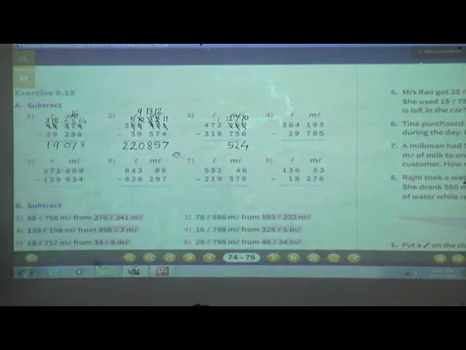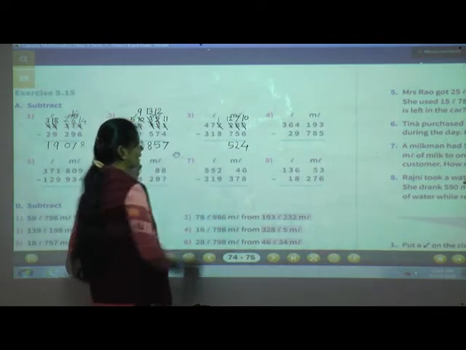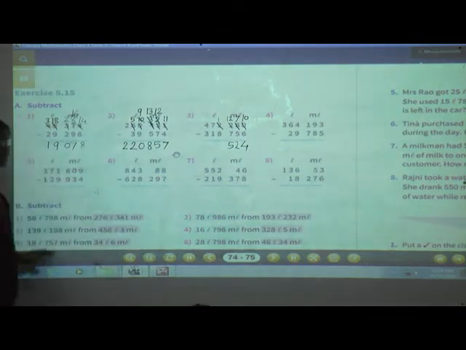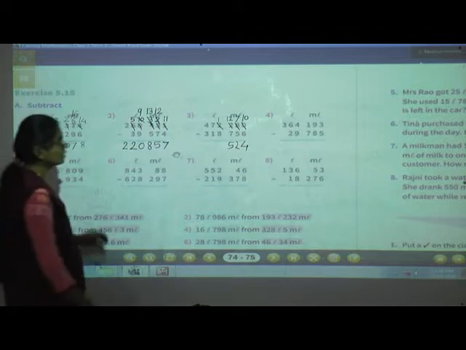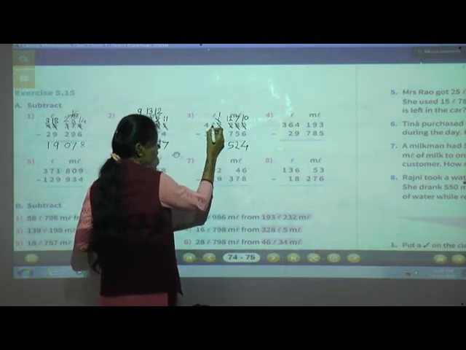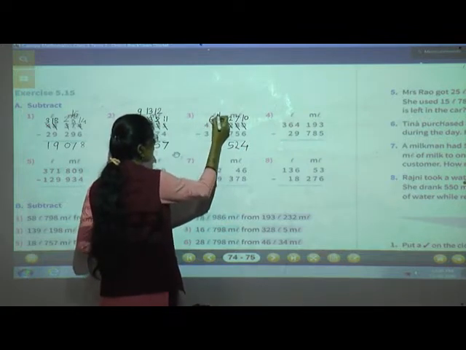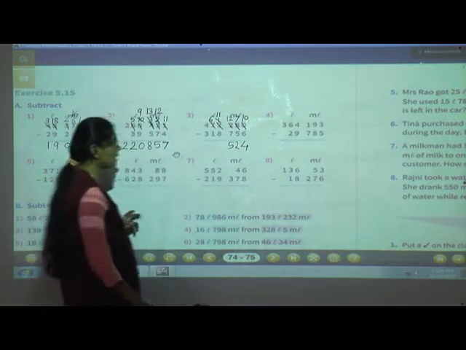Now we'll subtract the liters. See here. 1 minus 8. 1 minus 8. Can you do 1 minus 8? No, we can't do 1 minus 8. Then cut this 1, write as it is. Take 1 borrow from the neighbor. Here 7 is there. So 7 minus 1. Here 6 will remain and this 1 will become 11.